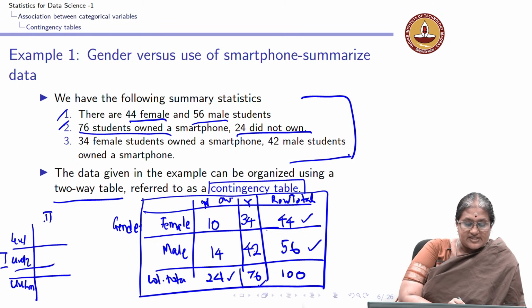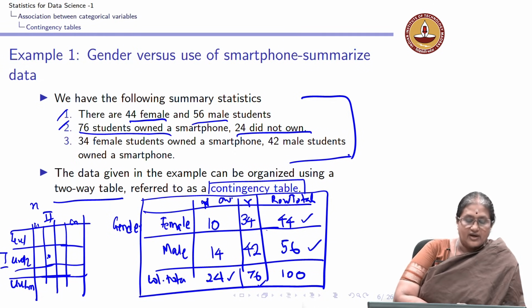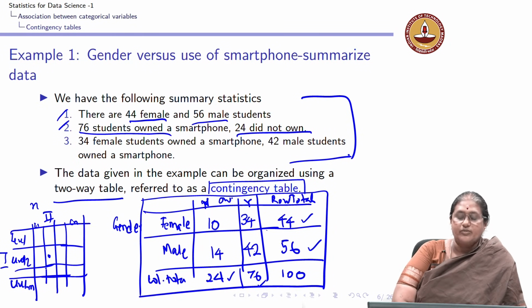I look at my second variable. Suppose there are n values of the second variable: level 1, level 2, up to level n. I will have n columns, and what goes into the ij-th cell is the number of observations of the i-th level of the first variable and the j-th level of the second variable together.